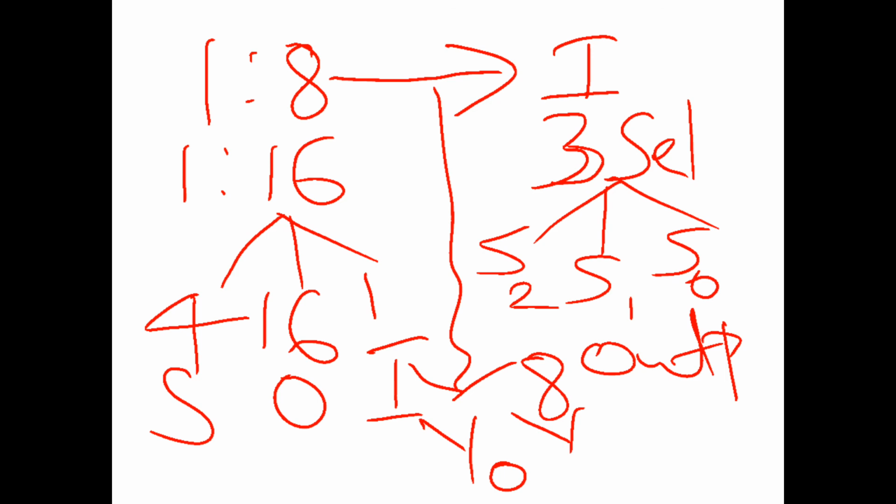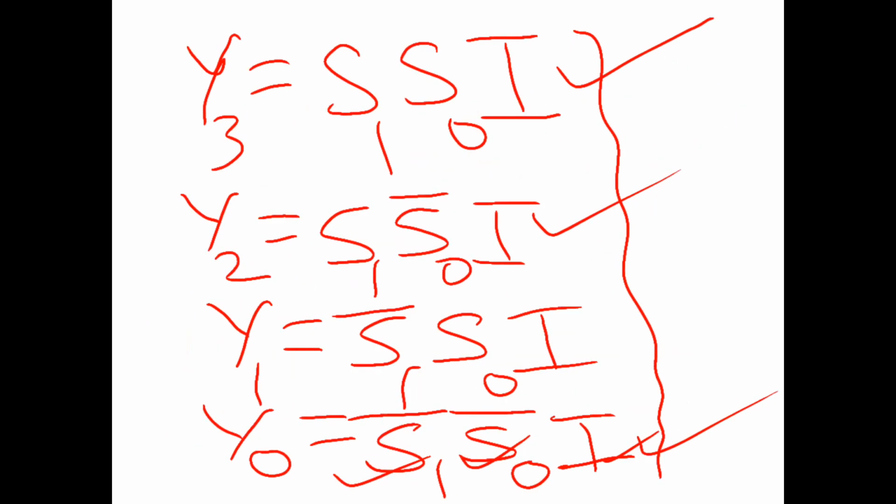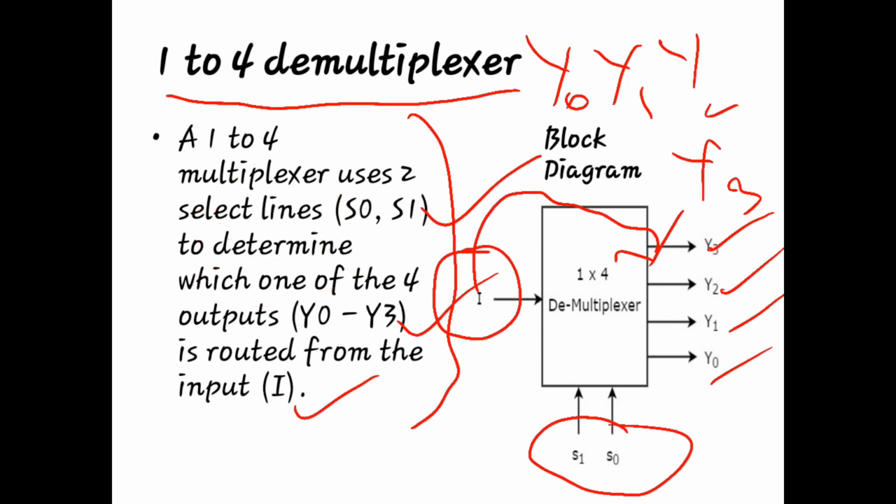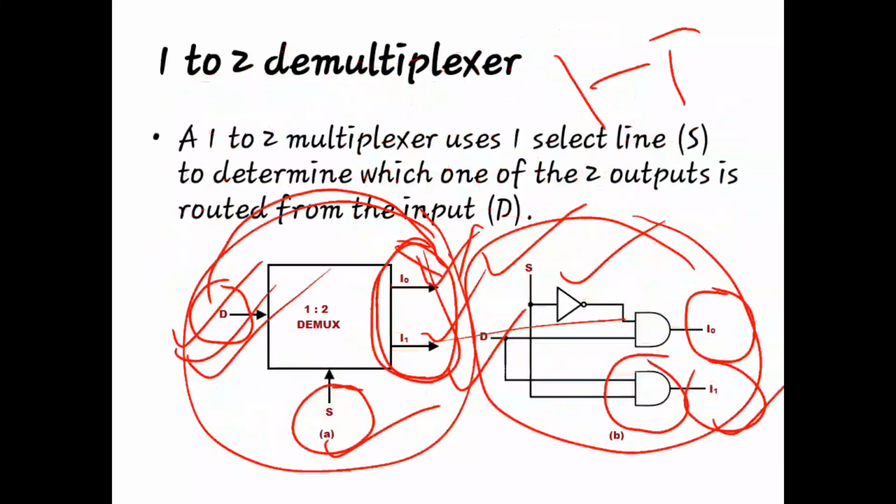So one can simply design the 1 by 8 and 1 by 16 demultiplexers very easily with the help of the 1 by 2 and 1 by 4 design procedures.